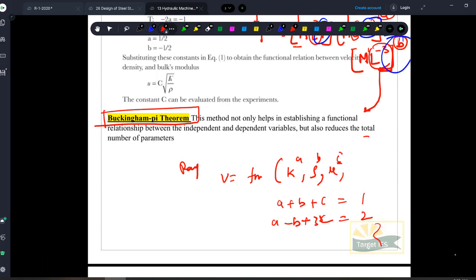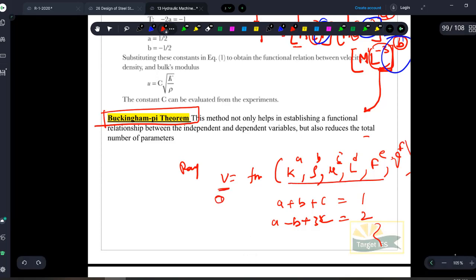If there were only 2, 3, 4 variables, it is decently easy and within 2, 3 steps you will get the answer. But let us say it is a function of so many things. Force to the power of e, something new to the power of f, something like this. Okay, how many variables are there? 1, and independent variables 2, 3, 4, 5, 6, 7, right? In total there are 7 variables now. So what will happen here?